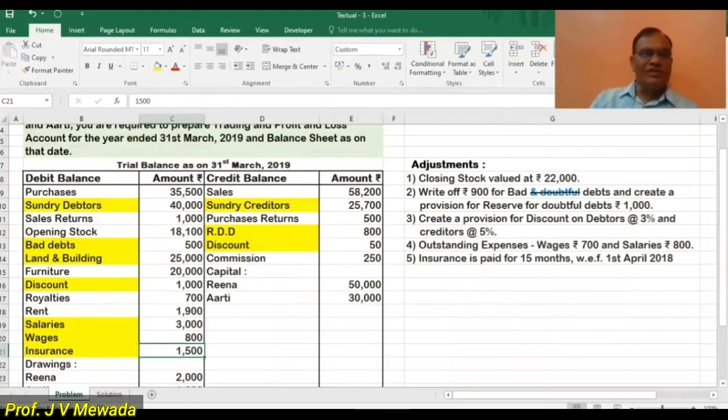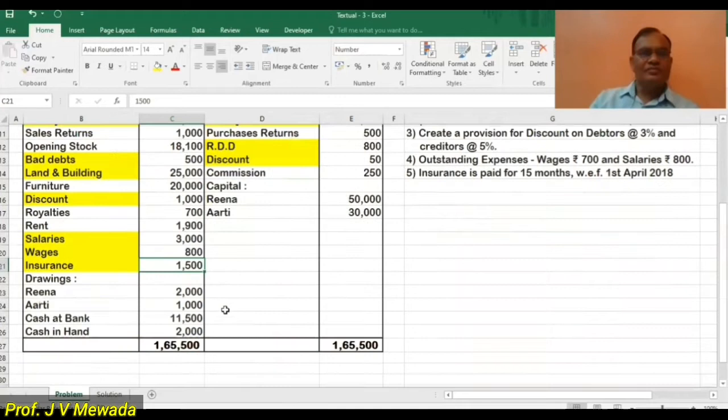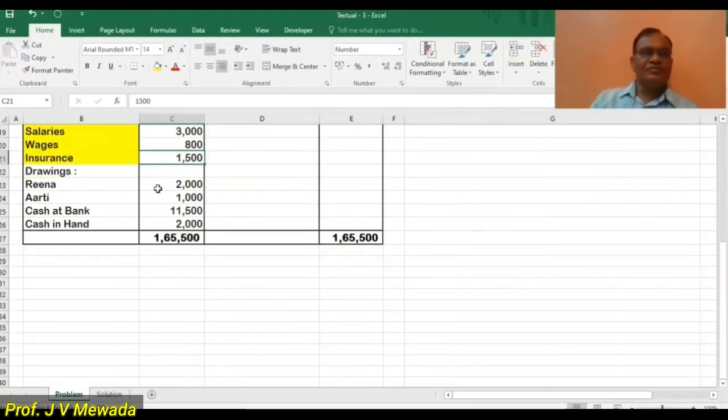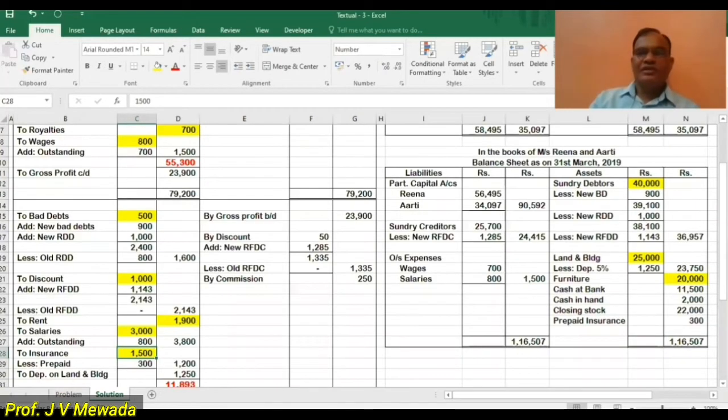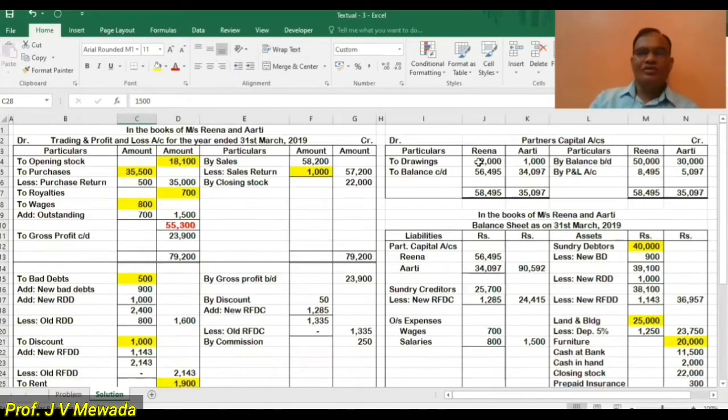Then we are having drawings of Reena and drawings of Aarti. So we are transferring to the capital account, drawings of Reena 2,000 and drawings of Aarti 1,000.